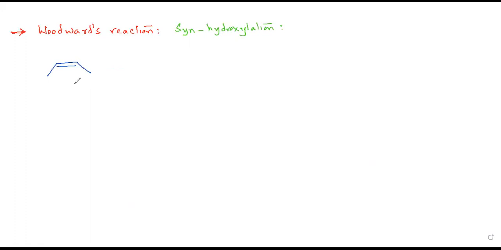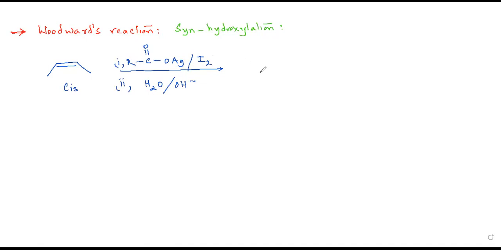Let us consider this particular compound, a cis-butadiene, and here the reagent used is silver carboxylate along with iodine, followed by hydrolysis in the presence of base.